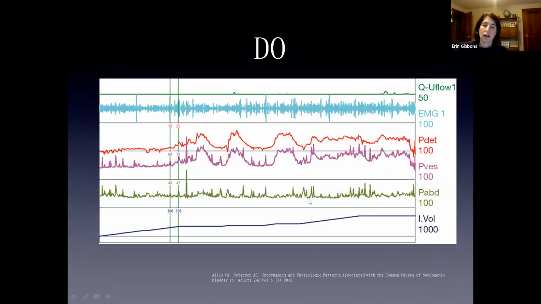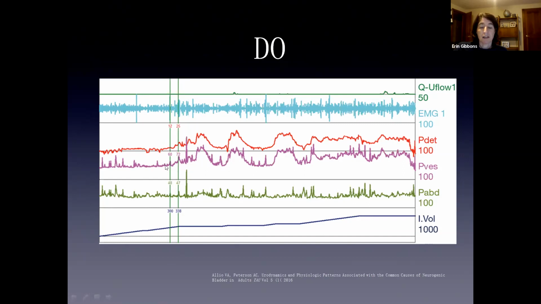And then this is what you see a lot of times on a test, especially in someone with a neurologic condition, throughout their entire filling. So here's the blue line of them being filled through the whole test. And in this, the colors are flipped. So the green is actually your abdominal pressure.